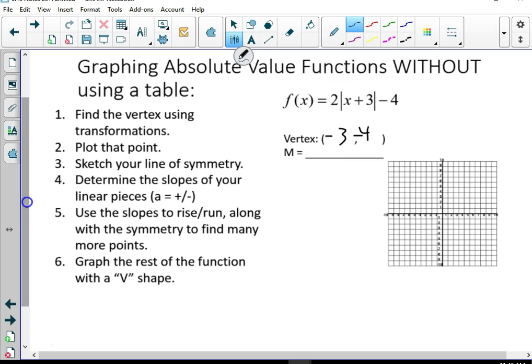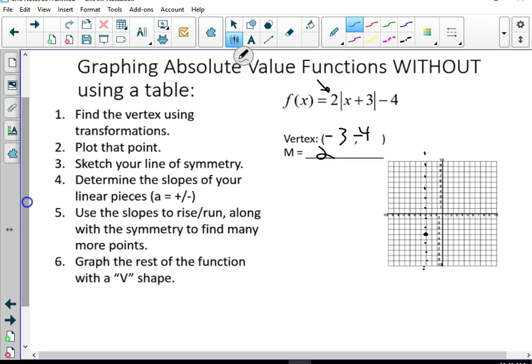1, 2, 3, 1, 2, 3, 4. Now, that's the vertex. We plot that point. The line of symmetry is going to go through that line. That's the point. Now, what's my slope? A is the slope.